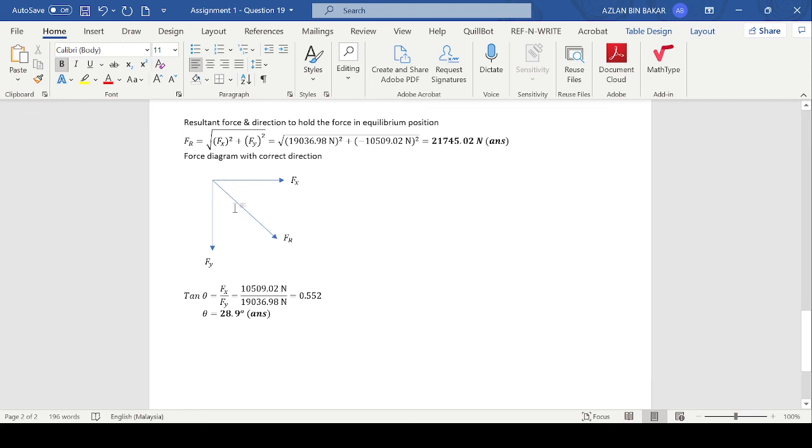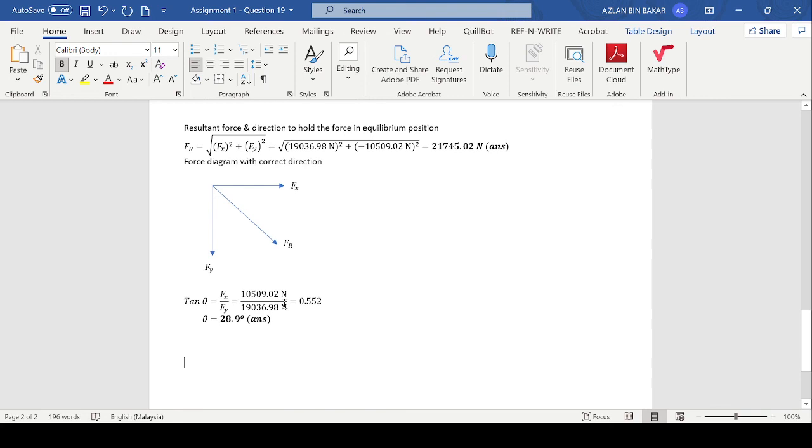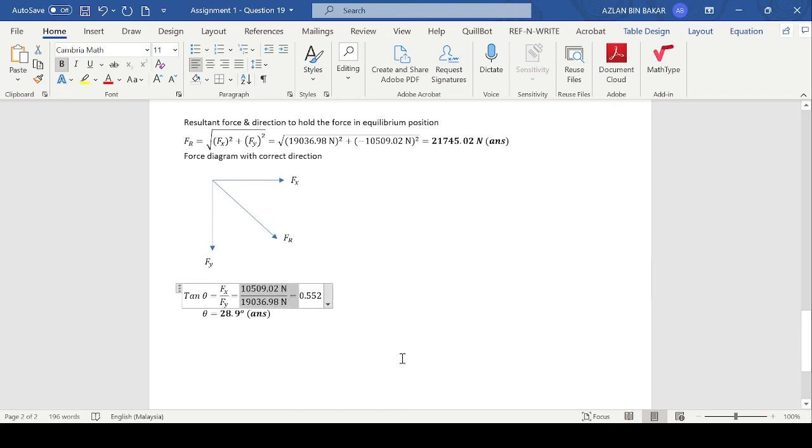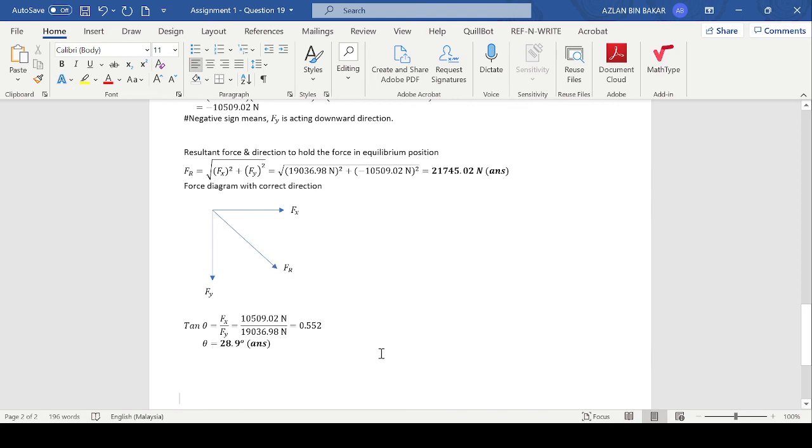To find the angle, we use tan theta equal to Fx over Fy, where Fx is our answer for the force acting in the x direction, and Fy is our answer for the force acting in the y direction.